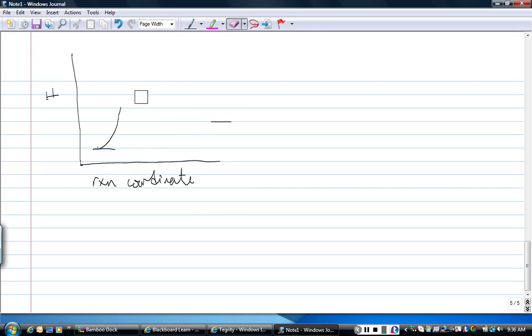Let's say I give you a reaction profile diagram instead, which is kind of a straight line in this thing. So I've got H against reaction coordinate. And let's say I go here, to here, to here, to here.